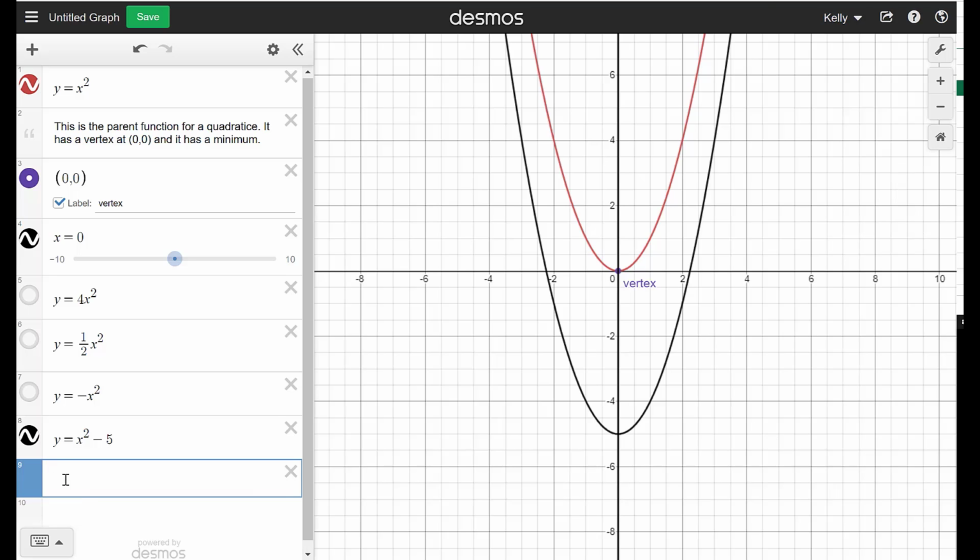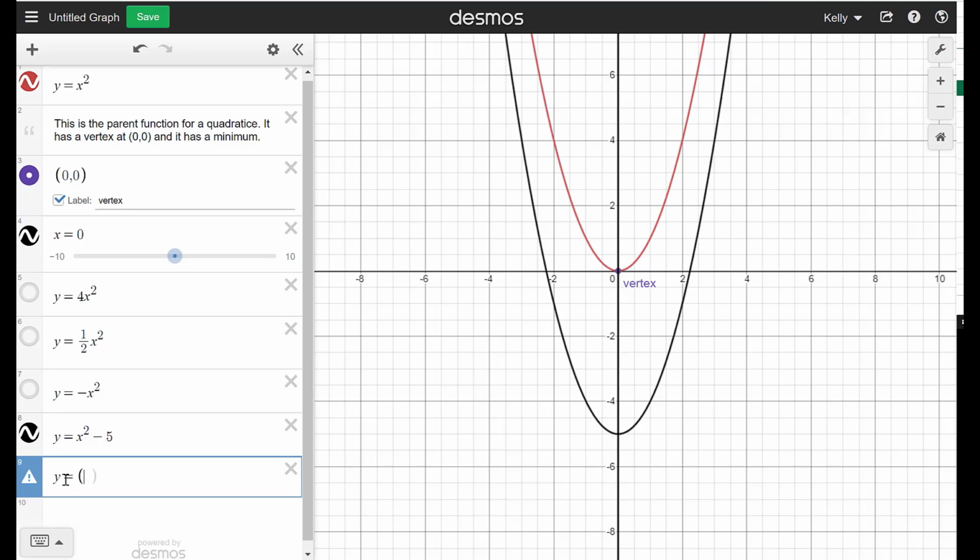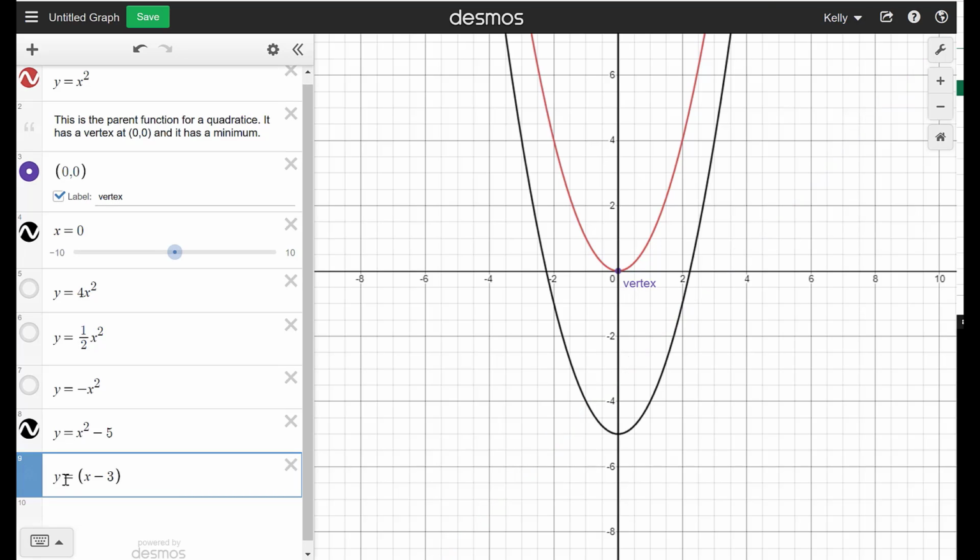So let's change our equation here to y equals, and remember you have to think opposite of what you're putting in there because we need it to evaluate to a 0. So it's going to be x minus 3 because I'm trying to go to the right. But I also have to remember to square it. See that? That is a translation of 3 units to the right, and that helps with that particular problem.